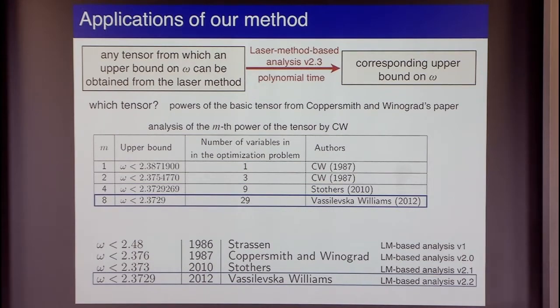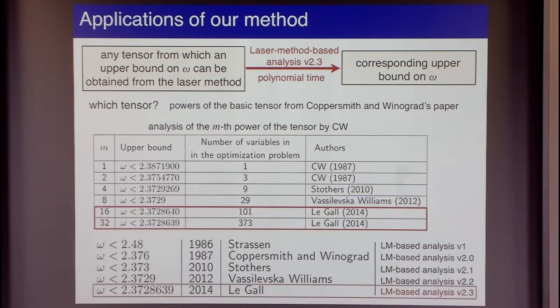And then Vassilevska Williams' result was obtained by considering power 8, so 29 variables. And what we obtain is this very slight improvement by considering power 16 and 32. And the number of variables is quite high, so we really need our approach based on convex optimization to be able to obtain the numerical bounds corresponding to the analysis.